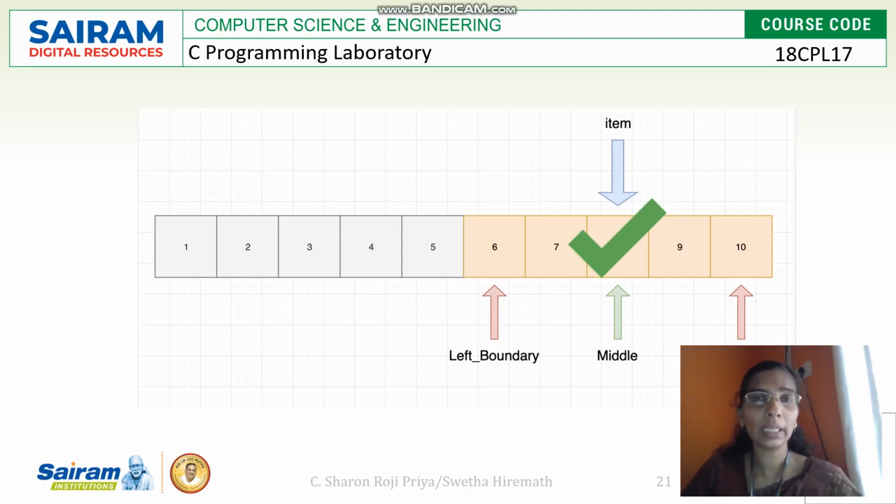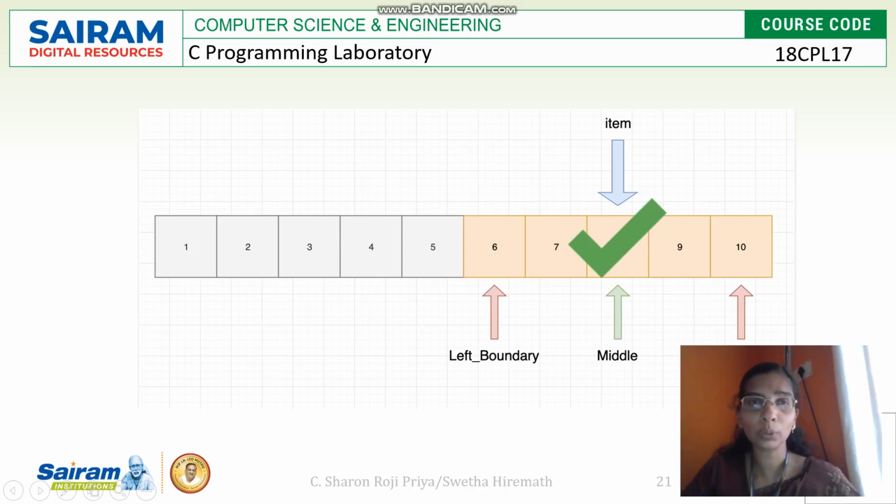Now in binary search, I am supposed to search for an element in an array. You can take any element in this array of 10 and you want to search for it. Now you can read the search element from the user and check whether this search element is less than the middle or greater than the middle. Suppose your search element is 8, it is greater than the middle.